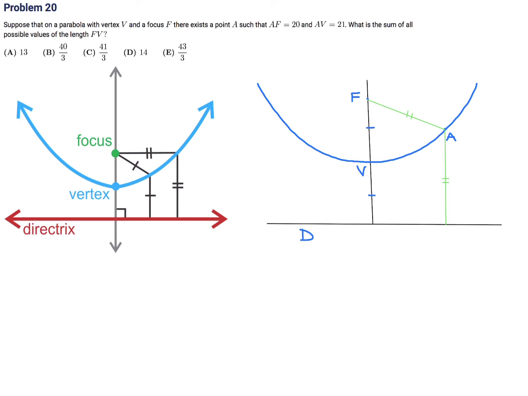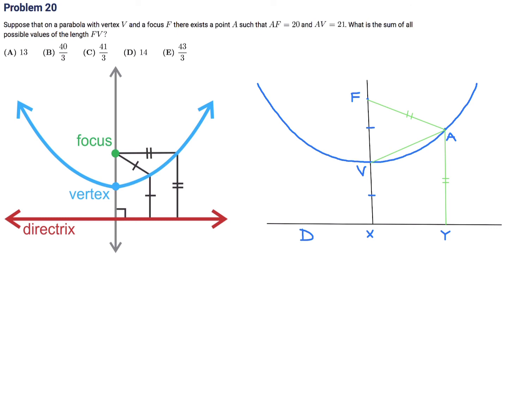Okay, and anything else that they've given us? Yeah, V to A. That also has been given as a distance. And I think the rest is up to us to label. So now I have to label this. So I'll just call this x here, y there, and then I think I'll make a box to create some Pythagorean relationships.